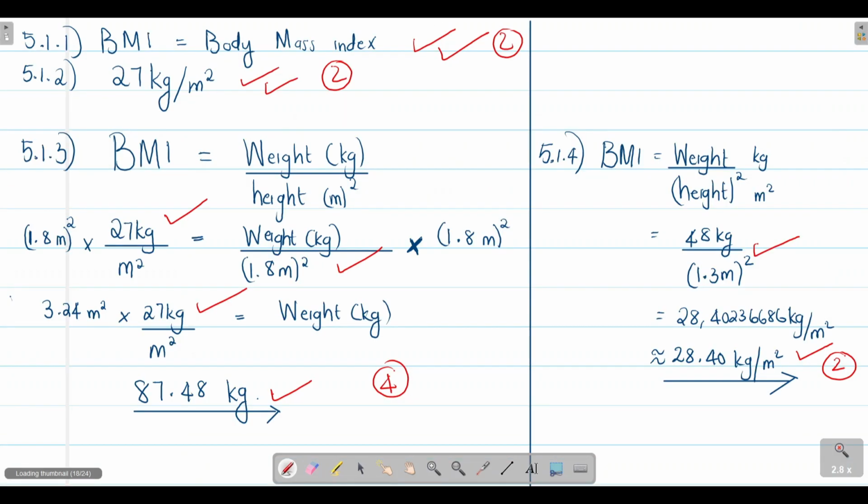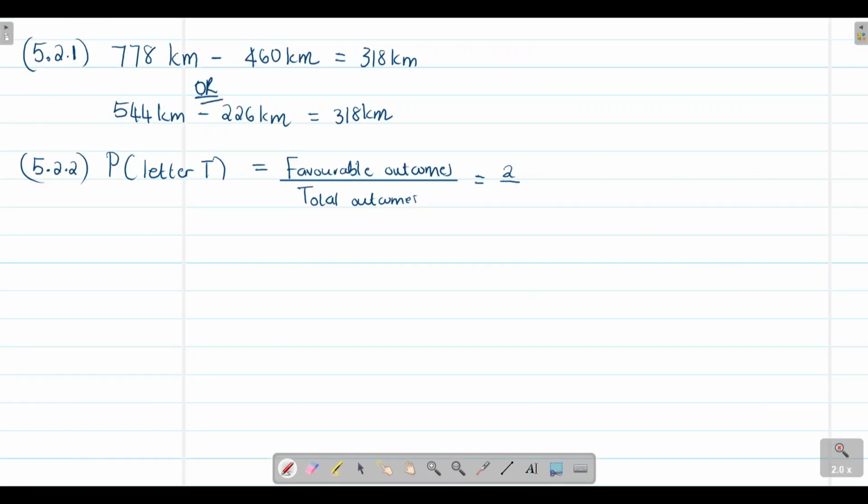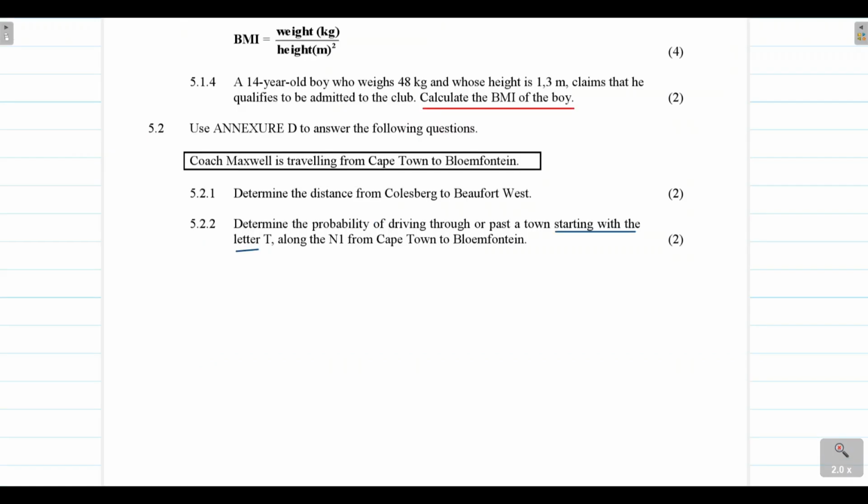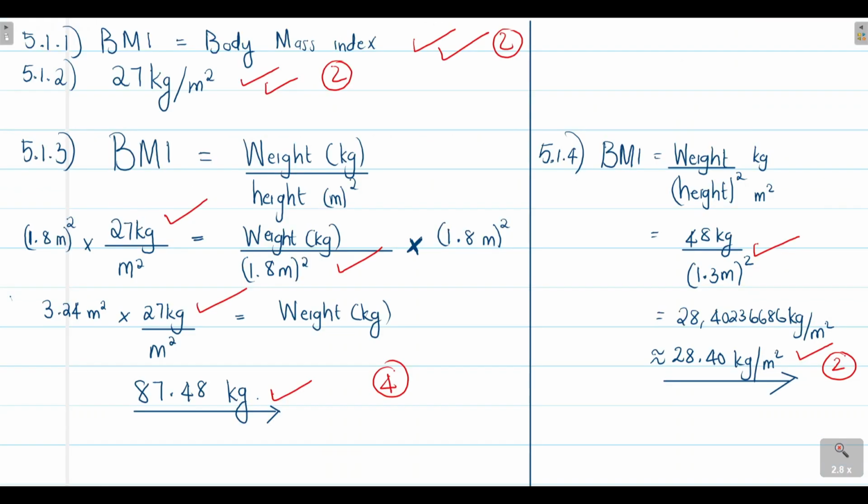If we count them, we've got 1, 2, 3, 4, 5, 6, 7, 8, 9 towns. So those are the total outcomes. Therefore the probability of driving through or past a town starting with the letter T is equal to 2 over 9. Let's have a look at the next question.